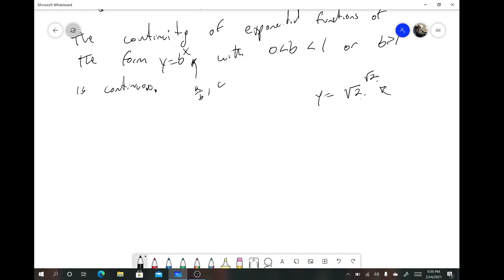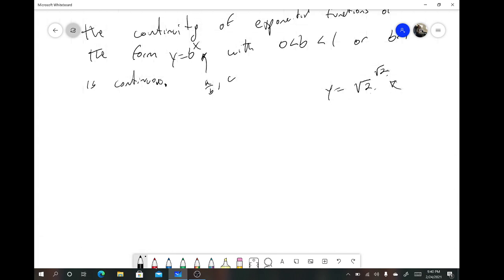Now, it also turns out that the inverse of functions is continuous, with a few caveats. So, for example, if somebody gave you y equals x cubed, then its inverse is also going to be continuous, because x cubed is continuous.